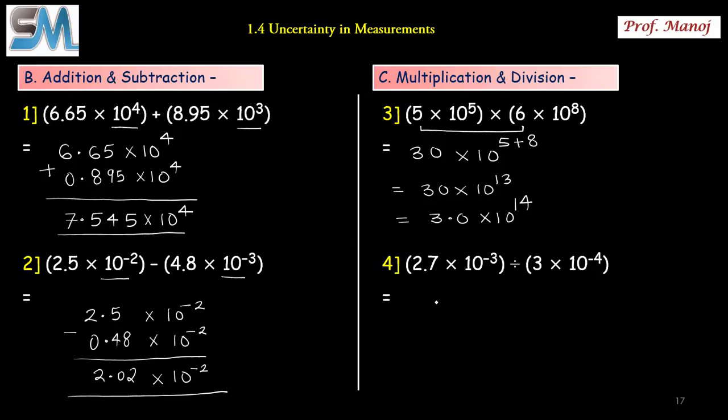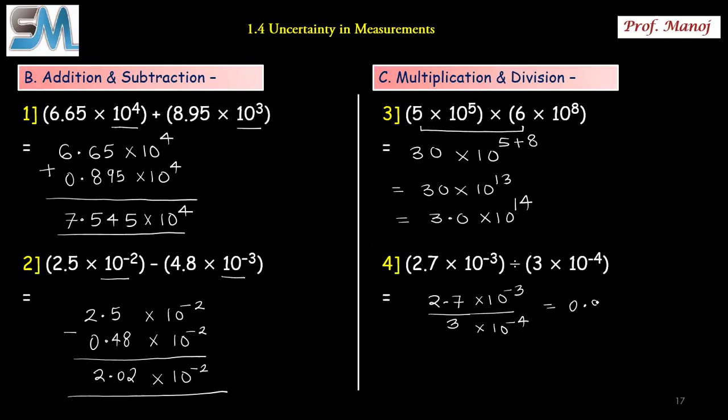Going ahead, 2.7 multiplied by 3. Now there is a division out here. So this is going to become now 2.7 divided by 3 into 10 raised to minus 3 into 10 raised to minus 4. So one part you can see is 2.7 divided by 3.